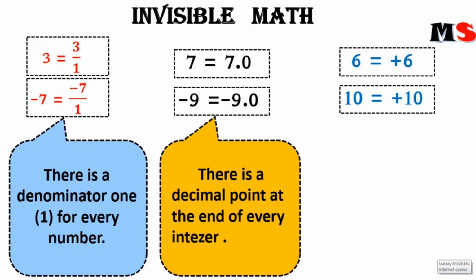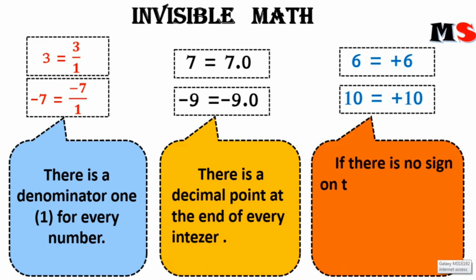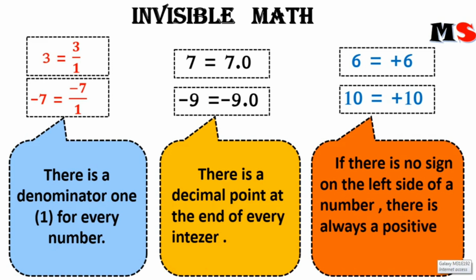Then what is the invisible term? Yes, the positive sign, or the plus sign, is the invisible term. So if there is no sign on the left side of a number, then there is always a positive sign.